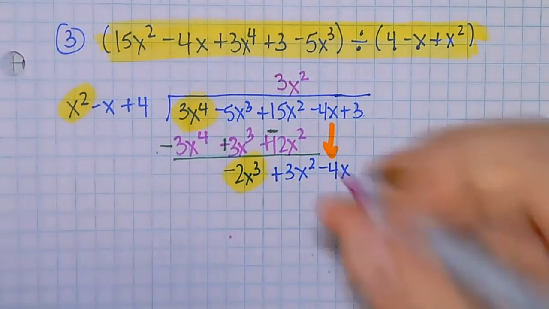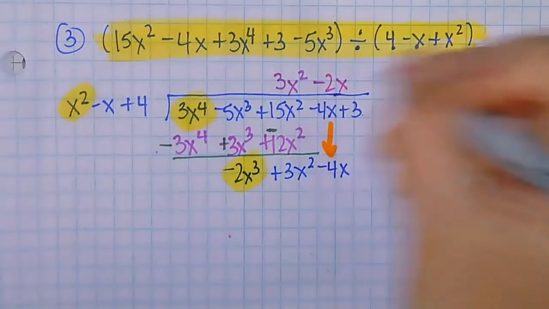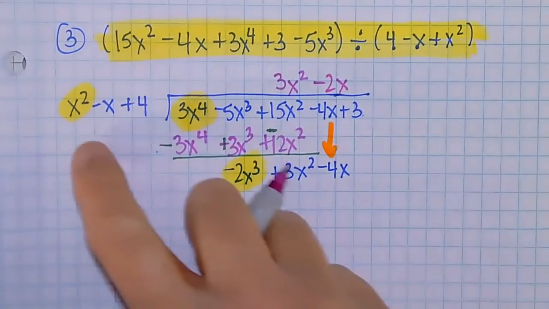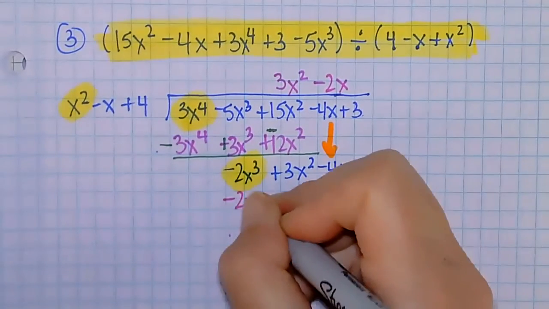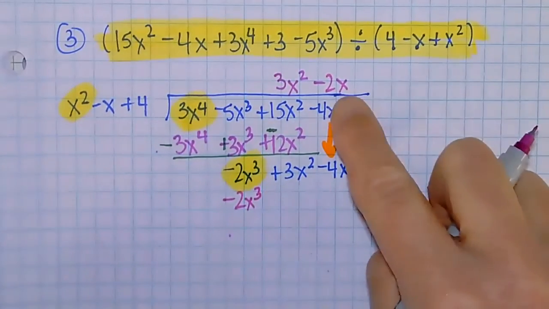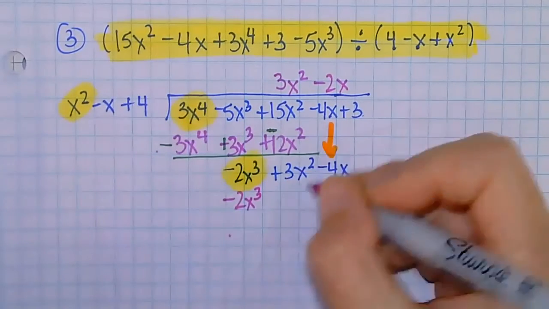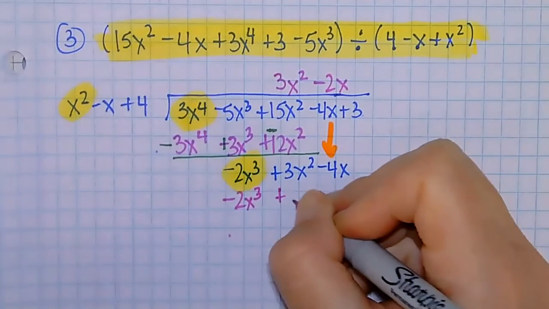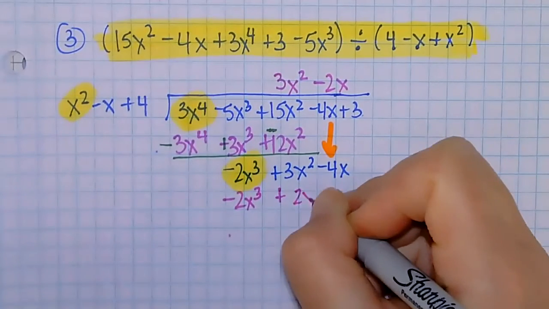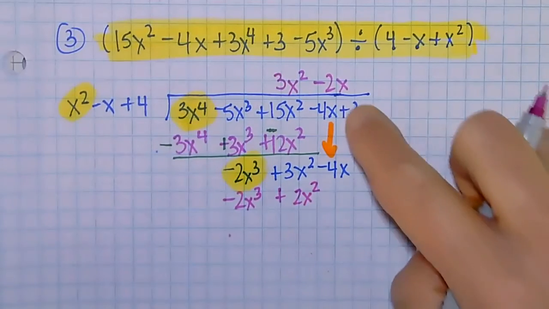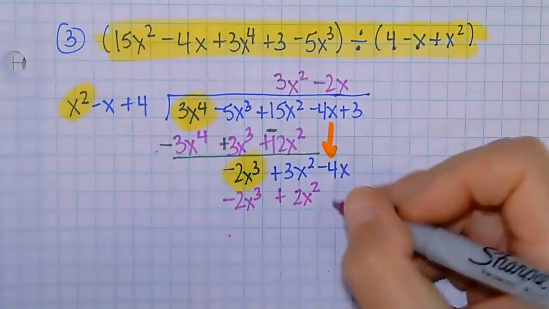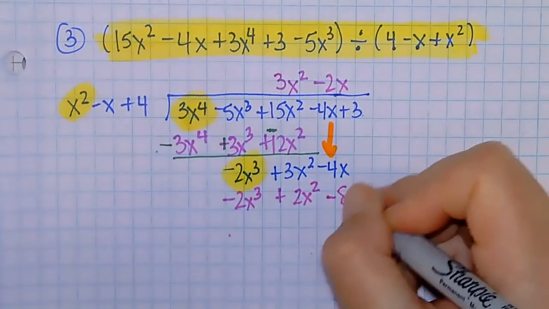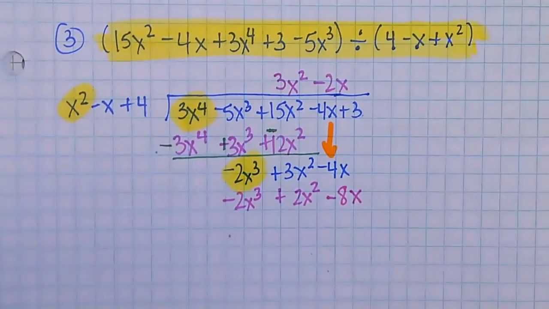So this is going to be a negative 2x. And so negative 2x times x squared is a negative 2x cubed. Negative 2x times a negative x is a positive, I'm going to leave some space this time, 2x squared. And a negative 2x times a 4 is a negative 8x.